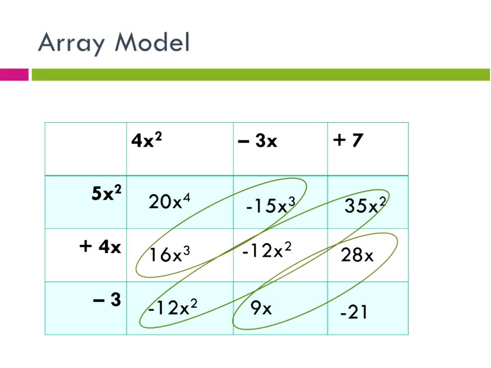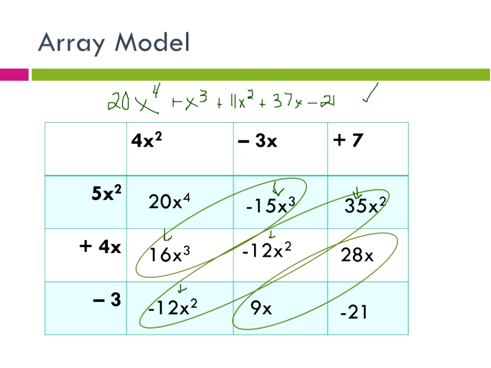So again, writing our answer then in descending order, I have 20x to the fourth, 16x cubed minus 15x cubed would be a positive 1x cubed. 35x squared minus 12x squared minus another 12x squared. 35 minus 24 would be 11x squared. 28x and 9x added together gives me 37 x's.